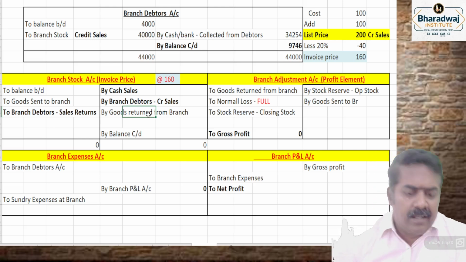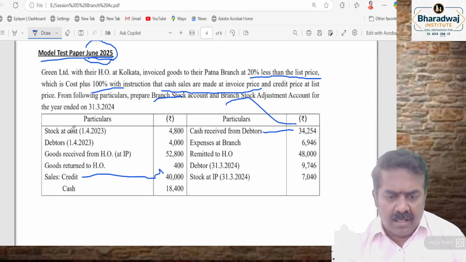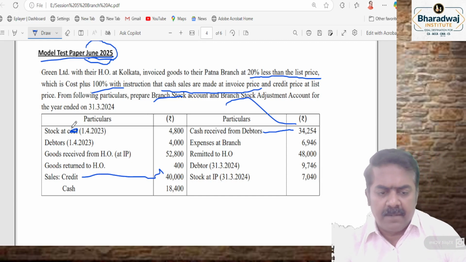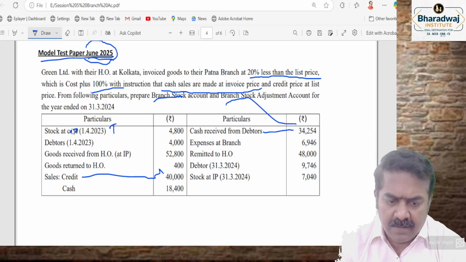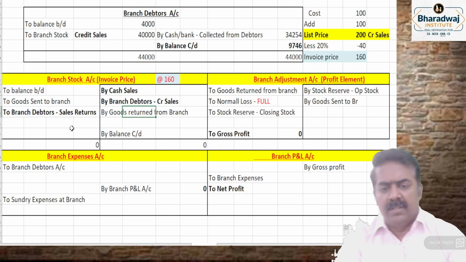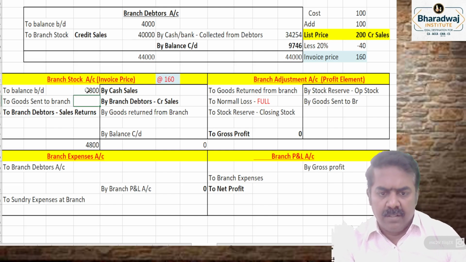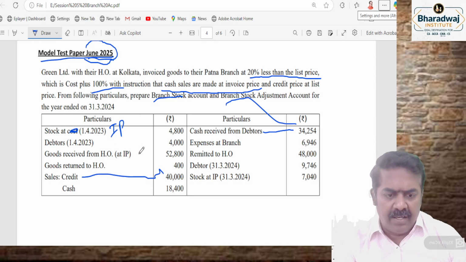There is a typing error in the question. Stock at cost is not correct. The stock at invoice price. They made a typing error. Stock at invoice price how much? 4,800. Goods sent to branch already invoice price.